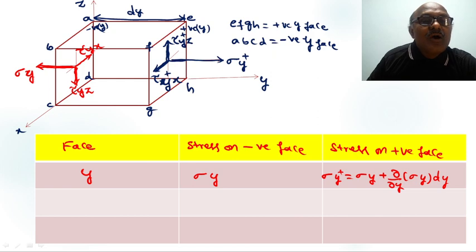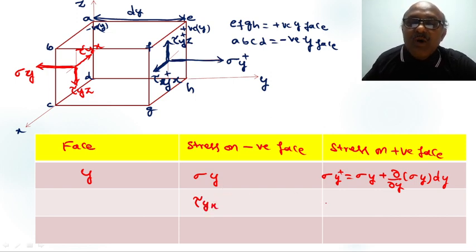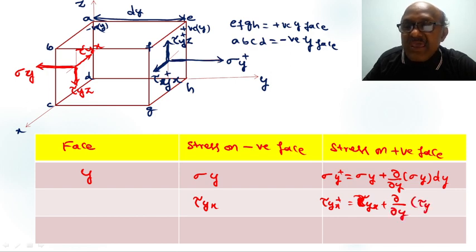Yes. Again, what is the shear stress? Tau yx on the negative y face. So what is it on the positive y face? Tau yx plus equals tau yx plus dou by dou y of tau yx into dy.